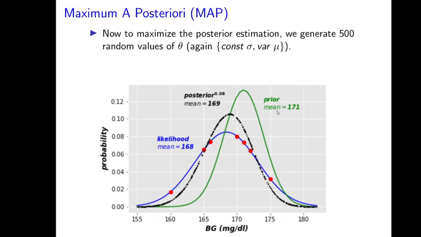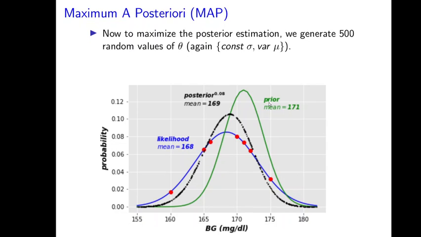You may ask yourself why the new estimation of the posterior is closer to the likelihood estimation than the prior estimation. The answer is that, numerically speaking, the likelihood estimation is drawn up on 7 different blood glucose values. We have here 7 different values that have been employed to generate the likelihood estimation.